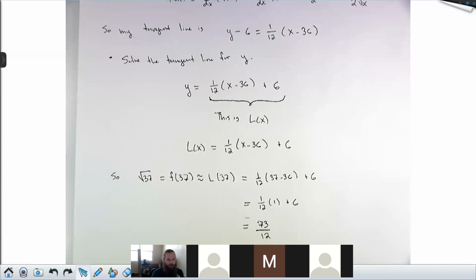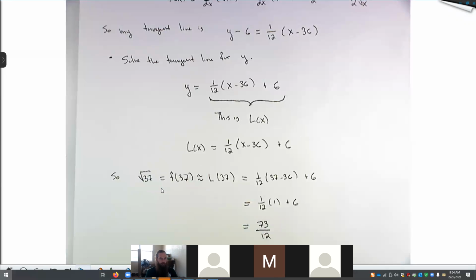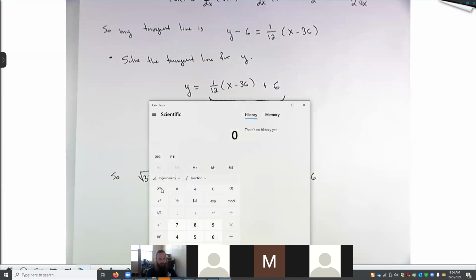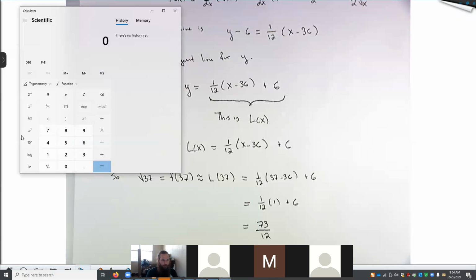So I claim that this number, 73 over 12, should be real fucking close to the square root of 37. Let's see. All right, just for fun, let's calculate the square root of 37.